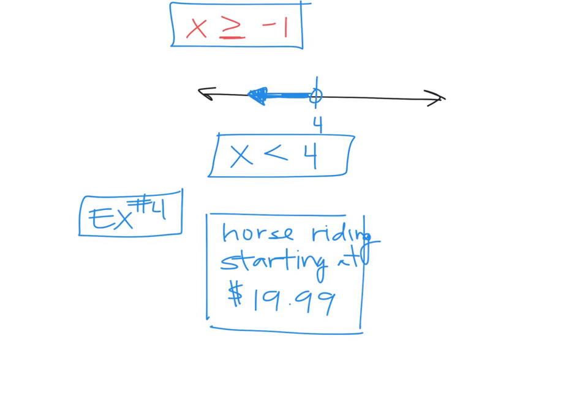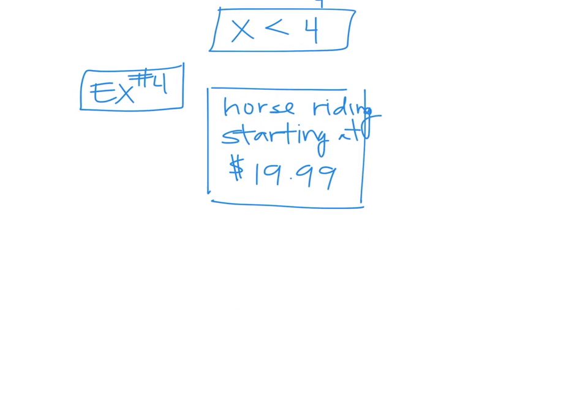Okay, so you're trying to figure out what's the cost potentially. Now, in order for you to ride a horse, the cost is starting at $19.99. So if you were to write an inequality for that, what would it be? X is what? Less than, greater than, less than or equal to, greater than or equal to.